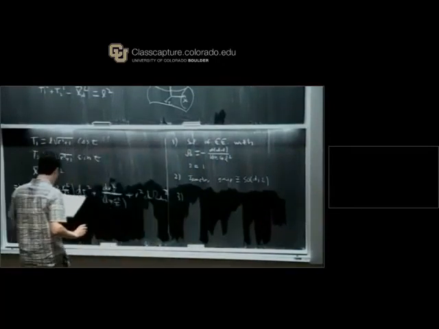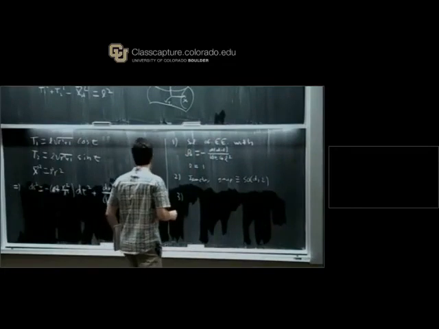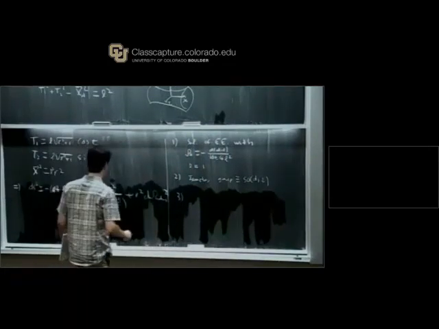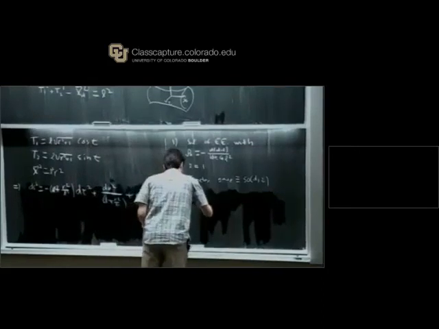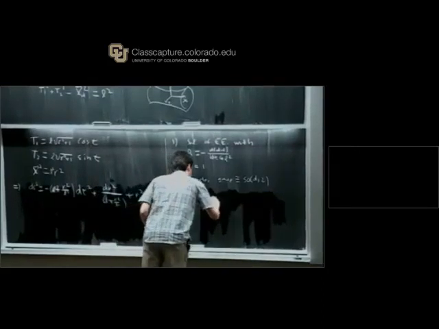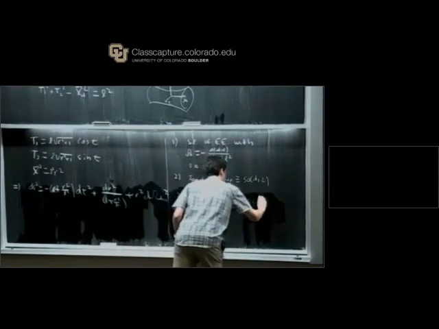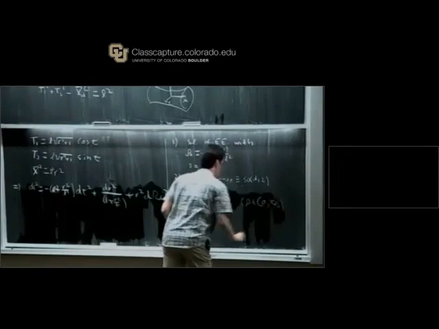The third comment is that we can clarify the causal structure of this geometry by defining a new coordinate, r equals tangent of rho. So then rho is going to go between 0 and pi over 2.